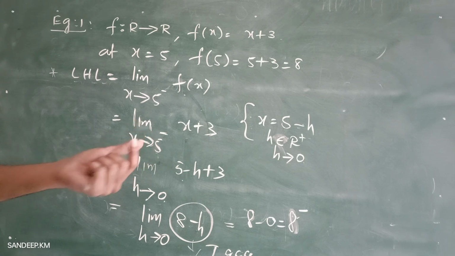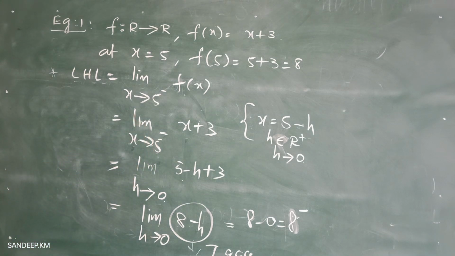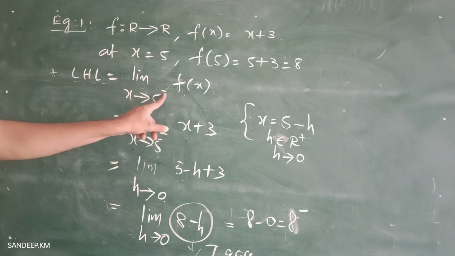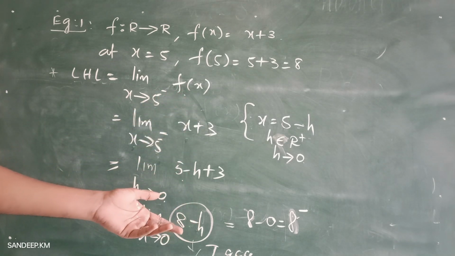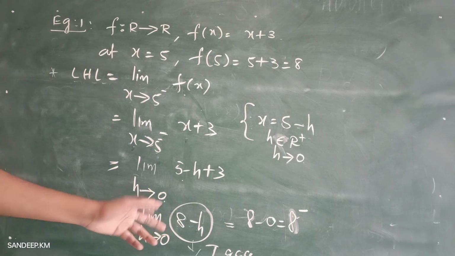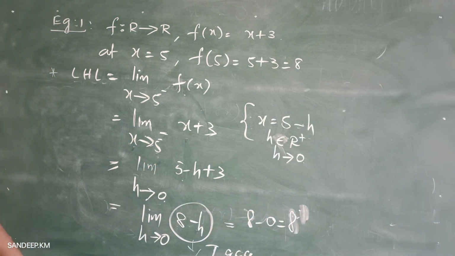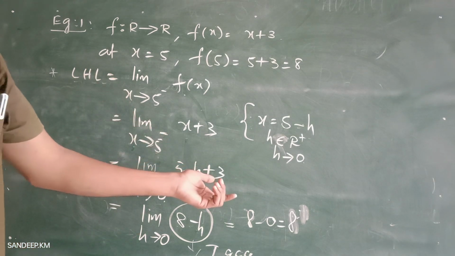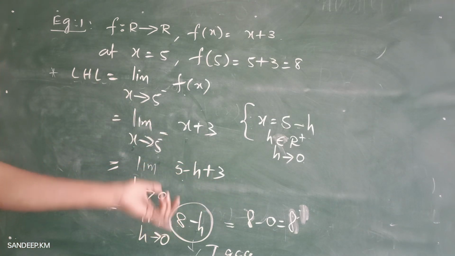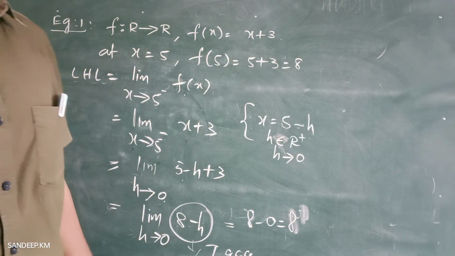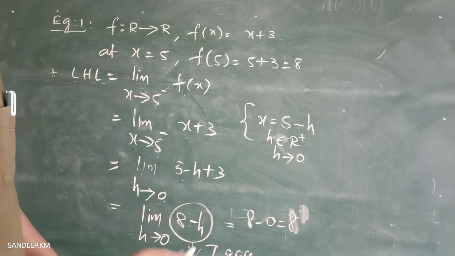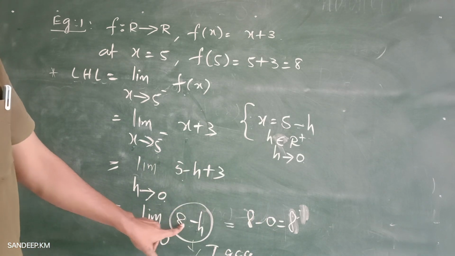But please understand the definition once again. When x is approaching 5 from the left side, f of x is approaching what number? We are talking about what? f of x is approaching what number only now? So is it enough to say that f of x is approaching 8? So left hand limit is 8. If left hand limit is 8, it means when x is approaching 5 from the left side, f of x is approaching 8. But if you exactly want to know whether it is from the left side or right side, it is 8 minus something.